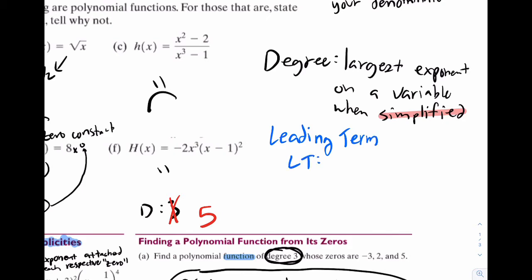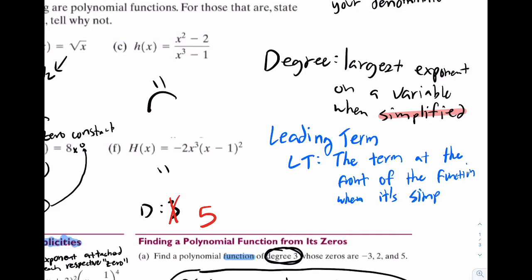Put simply, the leading term is the term at the front of the function when it's simplified, so simplified is important, and it's written in order.